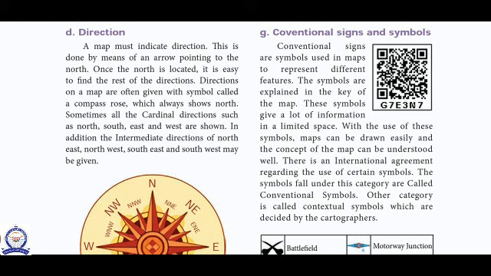Directions on the map are often given with a symbol called the compass rose, which also always shows north. Sometimes all the cardinal directions such as north, south, east and west are shown. In addition, the intermediate directions of northeast, northwest, southeast and southwest may be given.